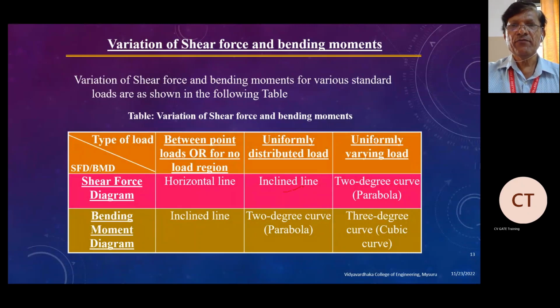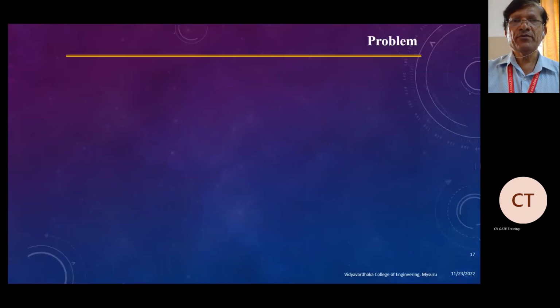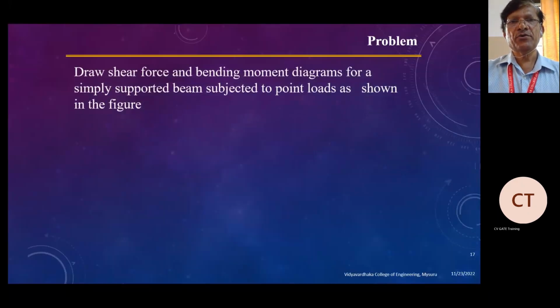Uniformly varying load will have a second degree curve, that is a parabola. For bending moment, in the no load region it will be an inclined line. If you have a uniformly distributed load, it will be a second degree curve. Similarly, for a uniformly varying load, it will be a cubic curve. So this is some fundamental you should know.